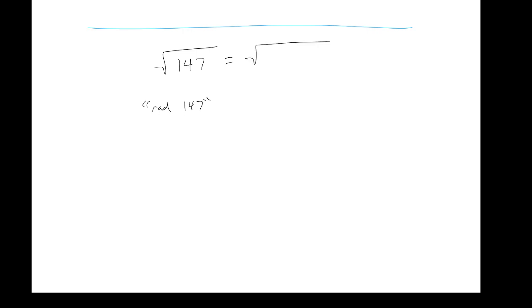Now, 147 has a square factor. And this is how I know. We have to perform a divisibility test here, and I told you guys about this one. If we go 1 plus 4 plus 7, that's the divisibility test for 3. It's also the divisibility test for 9. Things that are divisible by 9 are divisible by 3.